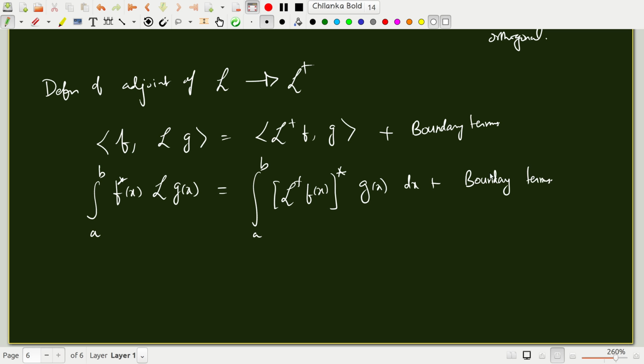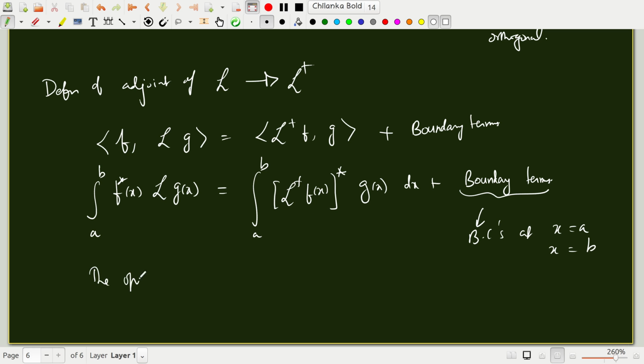Boundary terms must be evaluated using the boundary conditions at x equal to a and x equal to b. So you can find the adjoint operator of any differential operator by doing integration by parts. I'll illustrate this with the help of an example.